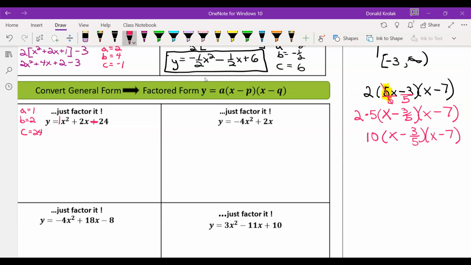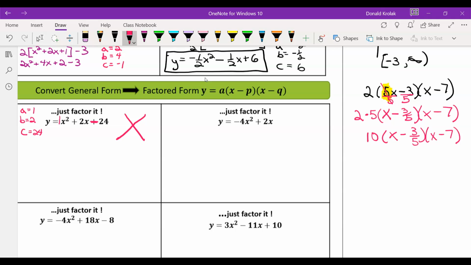All right, when the coefficient on the squared term is 1, like this one, these are the easiest factoring ones. You can factor them pretty darn quick. The method that I use, I call it the factor game.